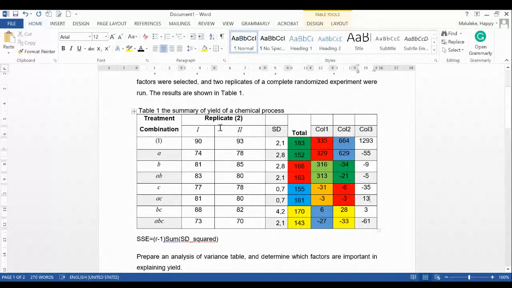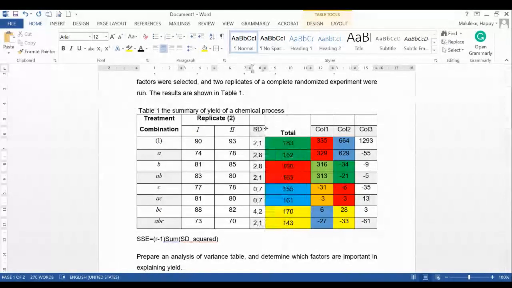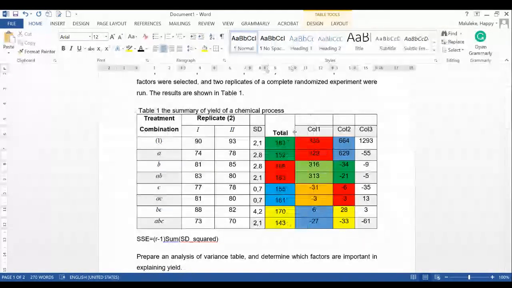Do you agree with the values, guys? So, let's find the contrast. These are the contrast, right?